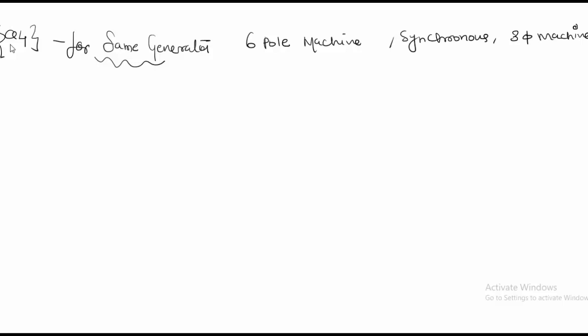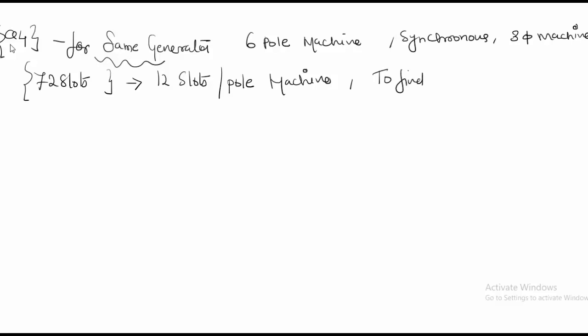Now it is having 72 slots, and there are 12 slots per pole for this machine. So I am making some changes, but the parameters are almost the same, and the question is to find out the pitch factor.